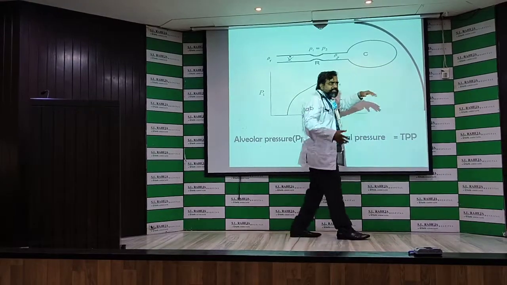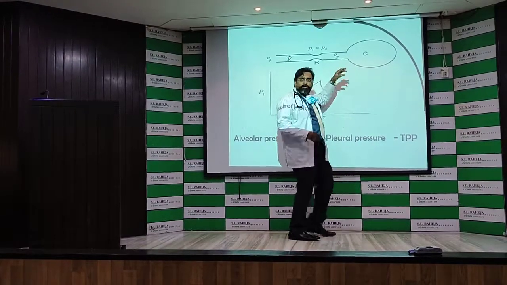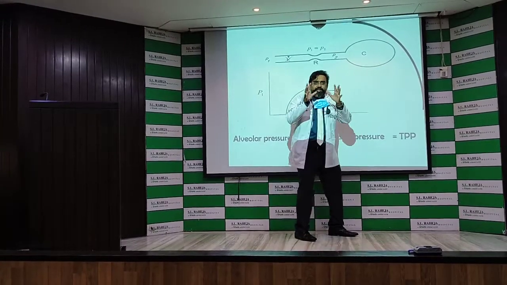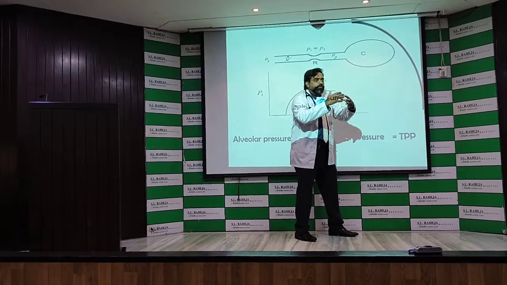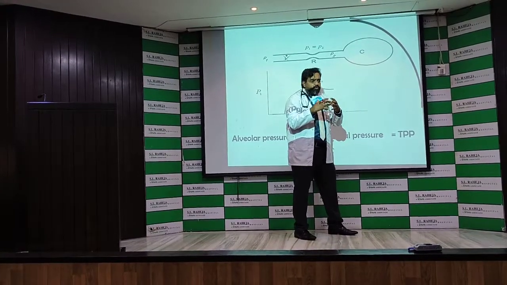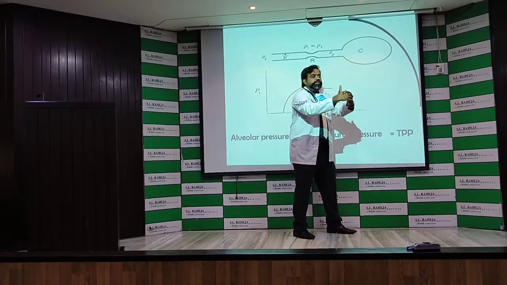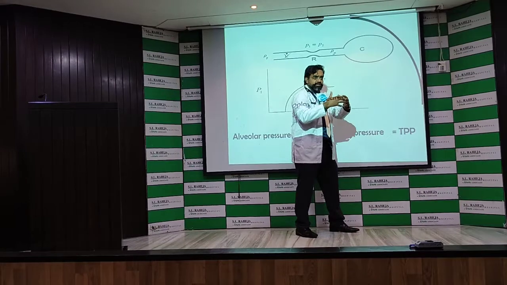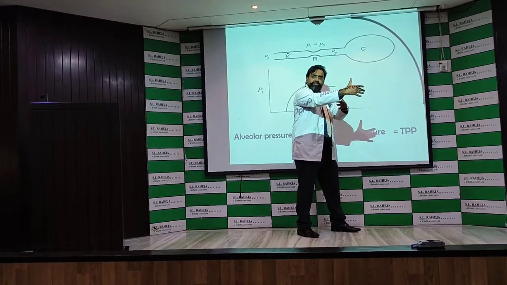So the entire pressure is used to open up the alveoli and lift up the chest wall. The distending pressure exerted on the lung is only the alveolar pressure. It should not be the pleural pressure. Are you understanding? Distending pressure, right?